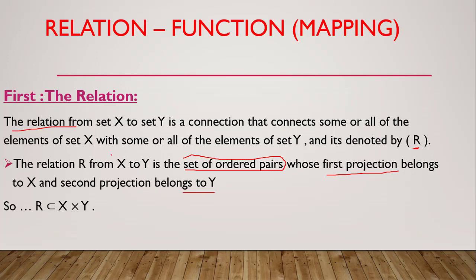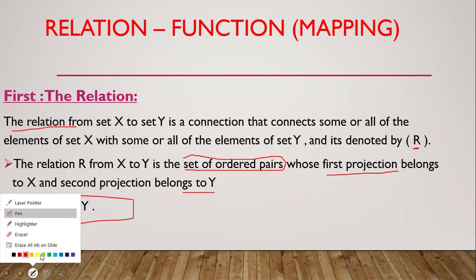Actually, it's a subset of the Cartesian product, because in Cartesian product we take all elements of x with all elements of y. But here, all or some of them. So the relation is a subset of the Cartesian product of the two sets.